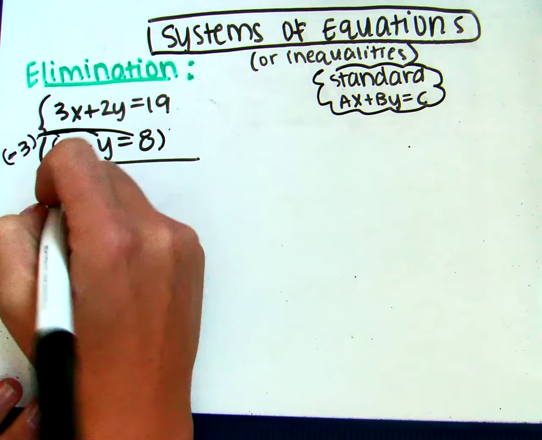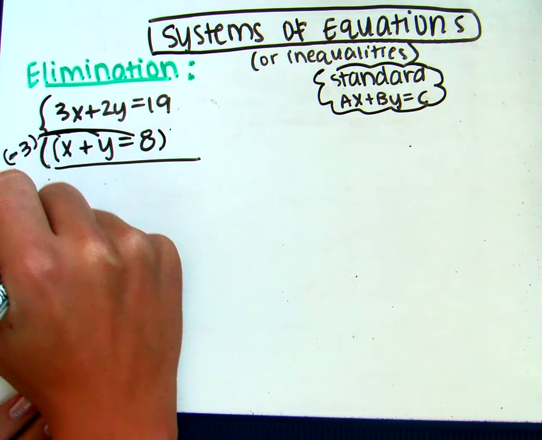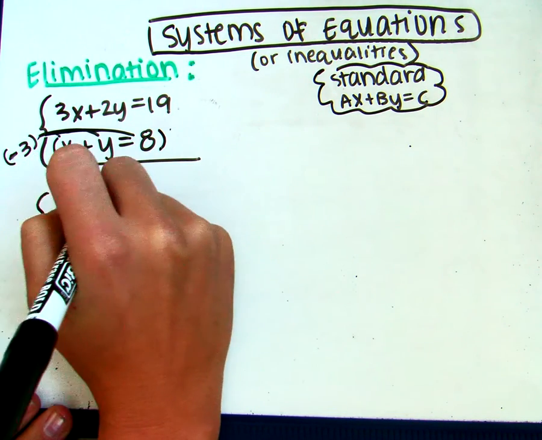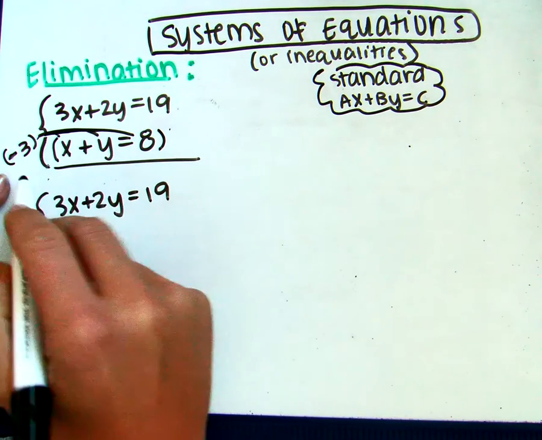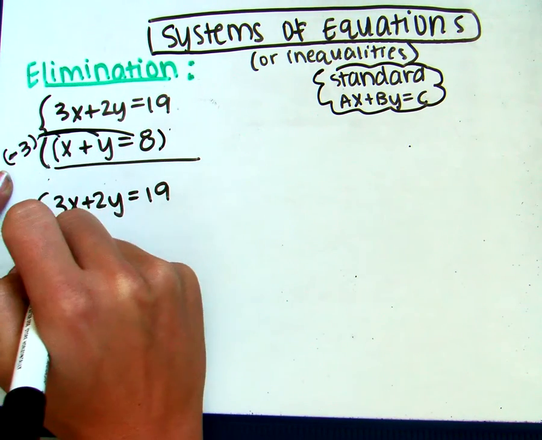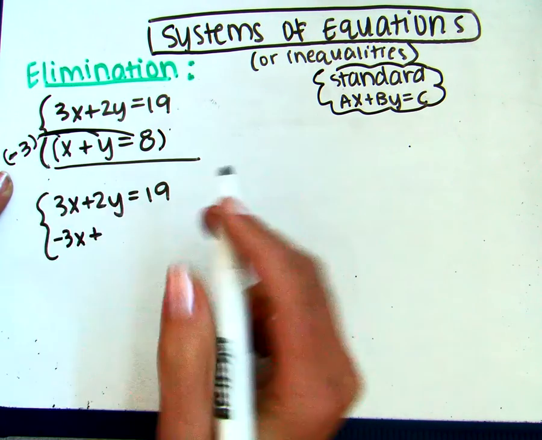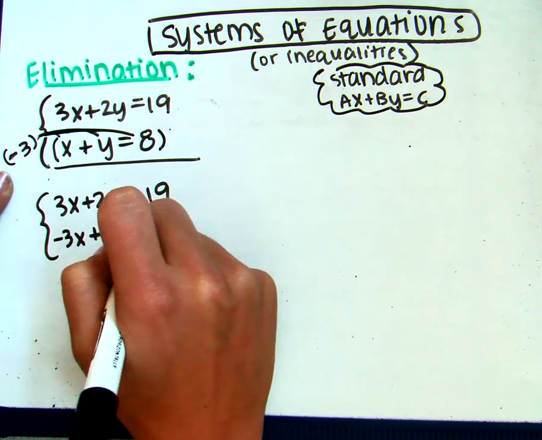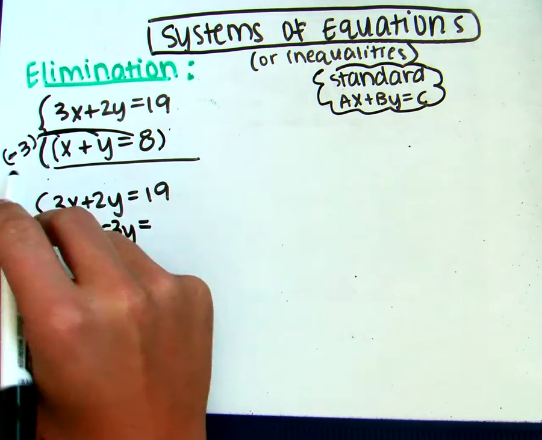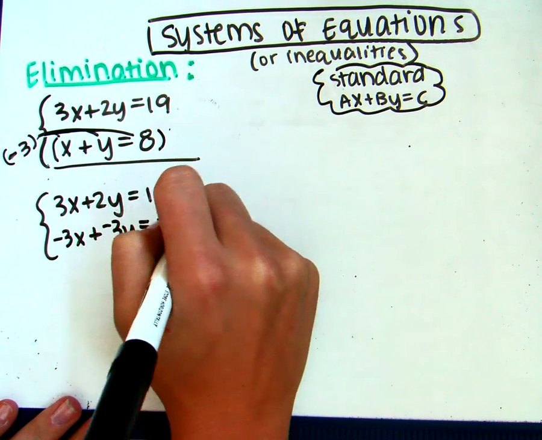So I'm going to bring this first guy down, just like he is, and then I'm going to write my new equation. Negative 3 times x is negative 3x, plus negative 3 times y is negative 3y, equals negative 3 times 8, which is negative 24.